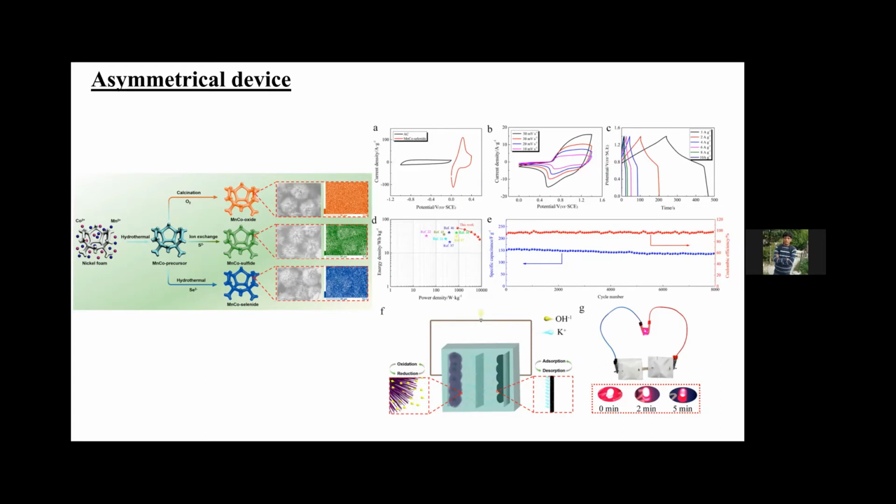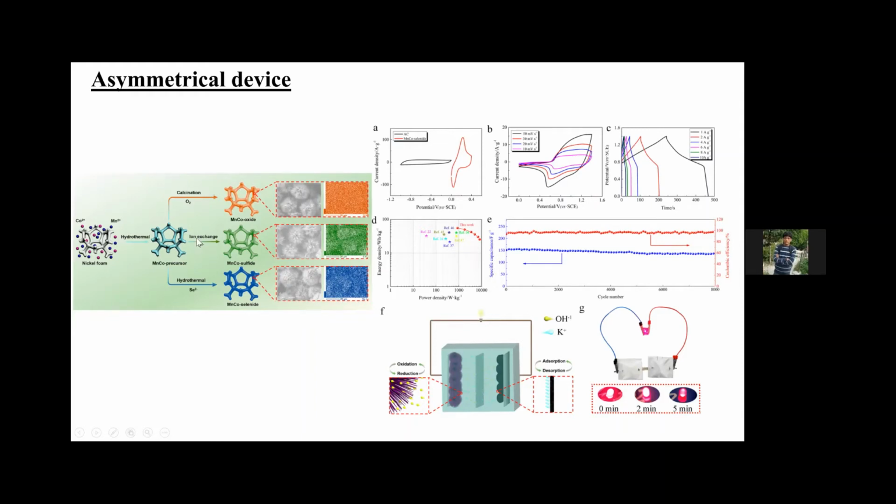For example, they used cobalt manganese oxide or cobalt manganese precursor-related materials: cobalt manganese oxide, cobalt manganese sulfide, or cobalt manganese selenide. So three types of material they prepare by the normal hydrothermal method. After the hydrothermal method, they get the cobalt manganese hydroxide form. If they anneal in an oxygen atmosphere, they might get the cobalt manganese oxide.